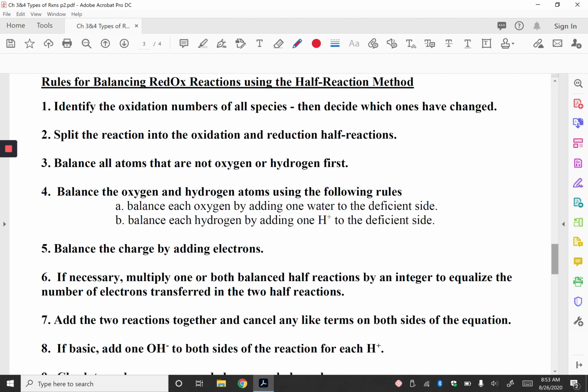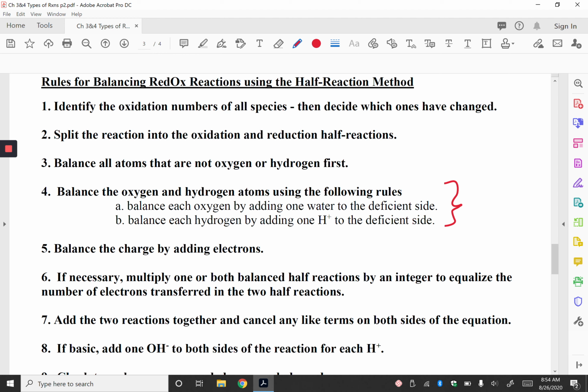All right, so if you remember last year, we balanced redox reactions, so we're going to do that again. We are going to do all of these steps, but the hard part of it, I think, was maybe step 4, and you do not need to be able to do step 4 for the AP exam.